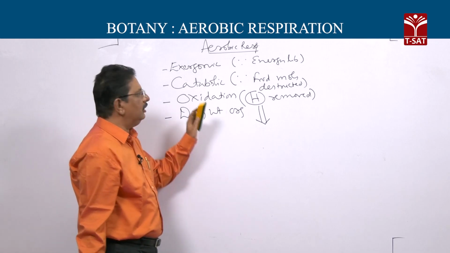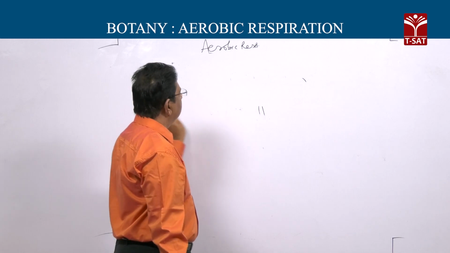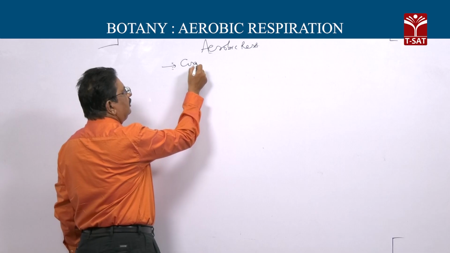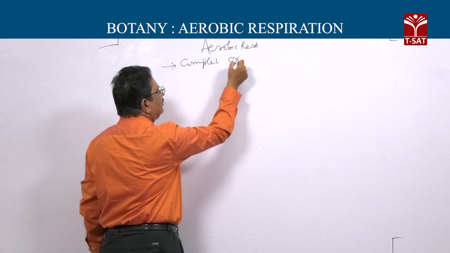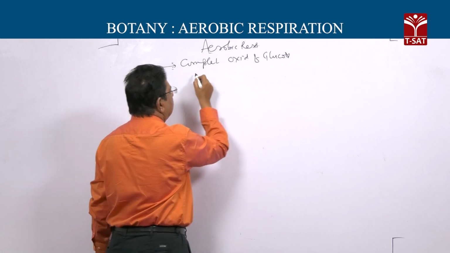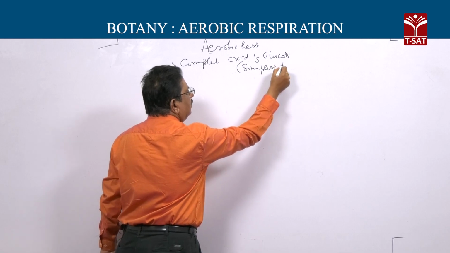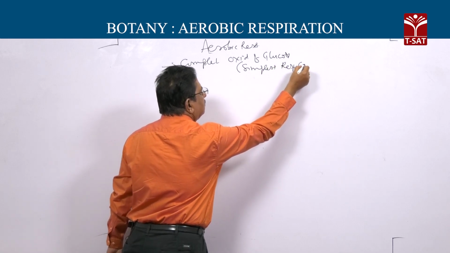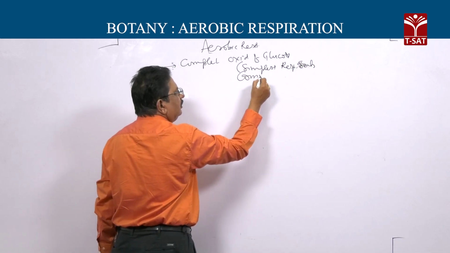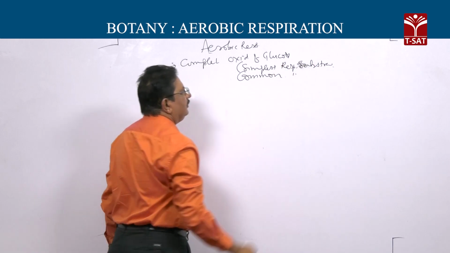And coming to the details of aerobic respiration, in aerobic respiration there is a complete oxidation of glucose, which is a simple respiratory substrate, otherwise the most common type of respiratory substrate.